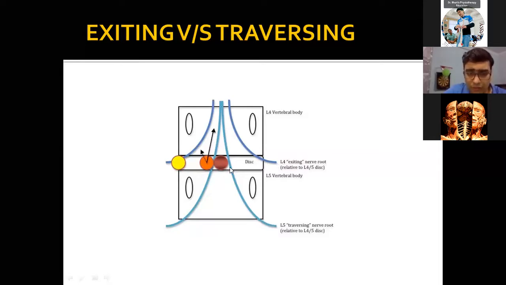So the L4-5 disc is not compressing the L4 nerve root. So there's no point blocking the L4 nerve root. The L4-5 disc will compress the L5 nerve root, and the symptoms would be in the L5 dermatome. So if we have radicular features in the L5 dermatome, it is because of compression at the L4-5 level.